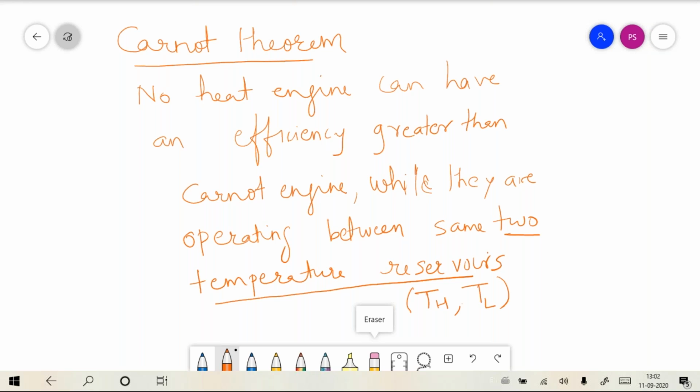Source is one reservoir and sink is another reservoir.